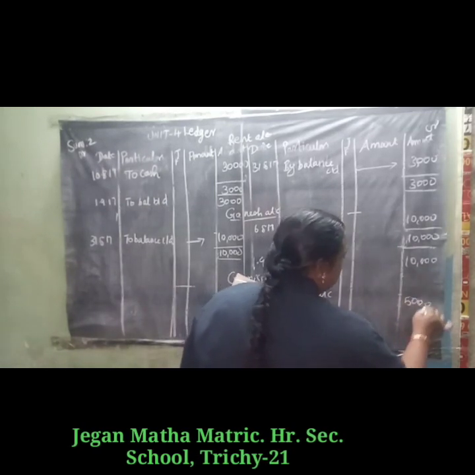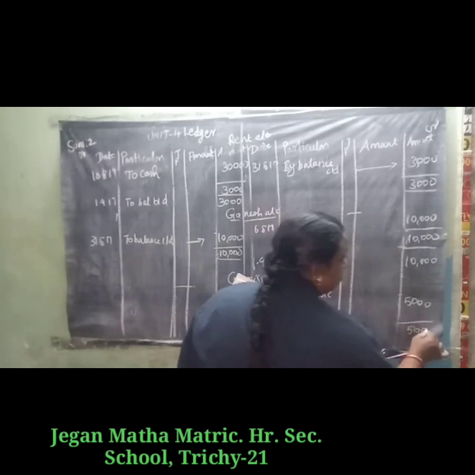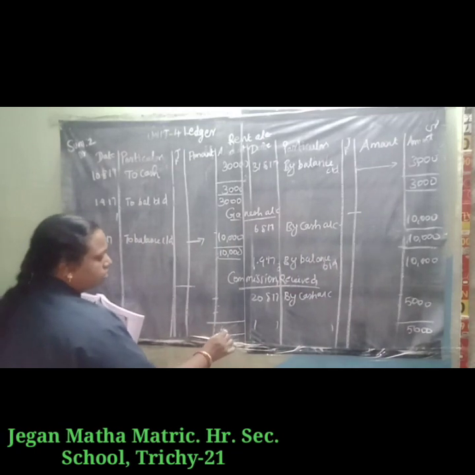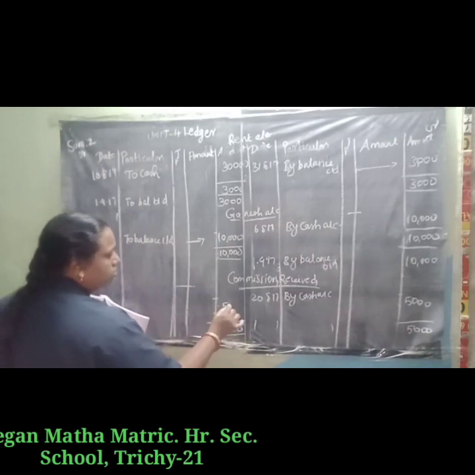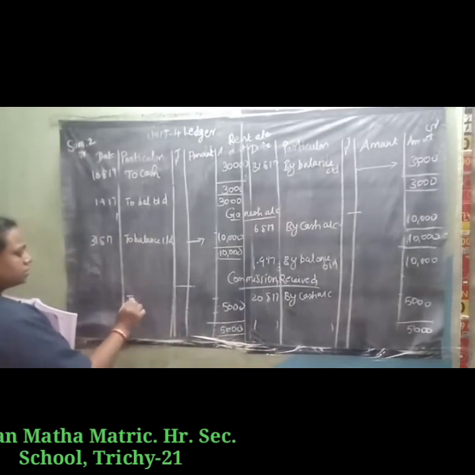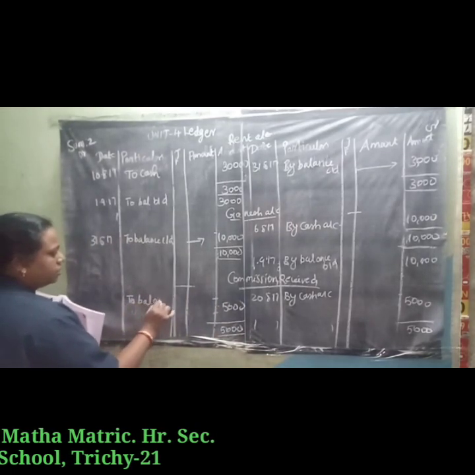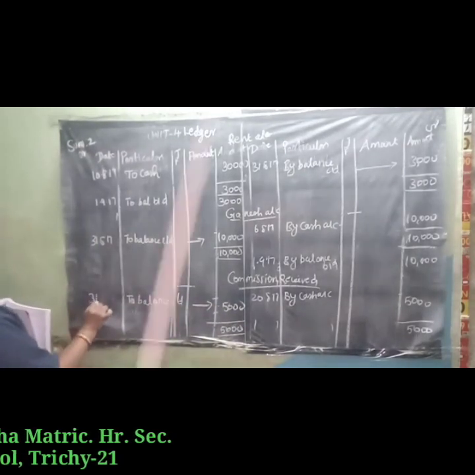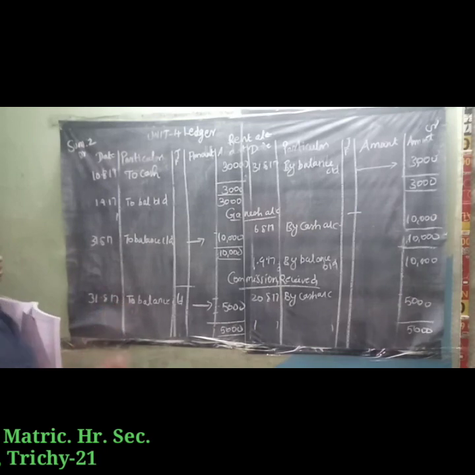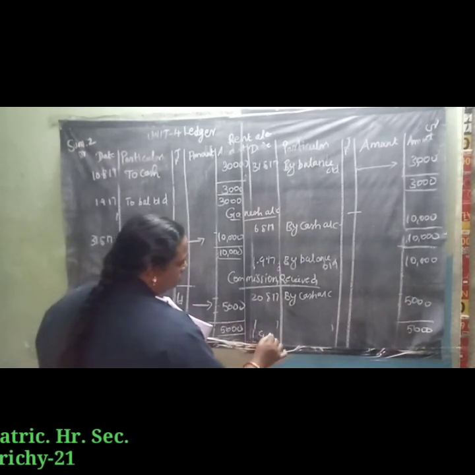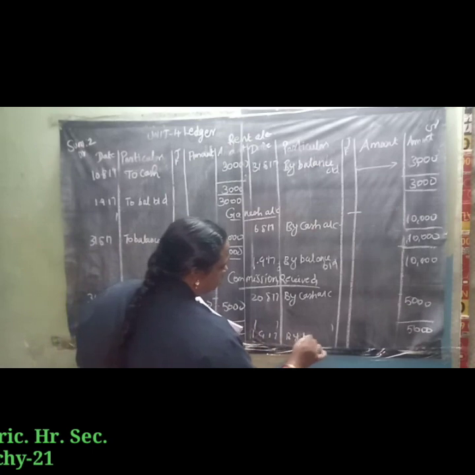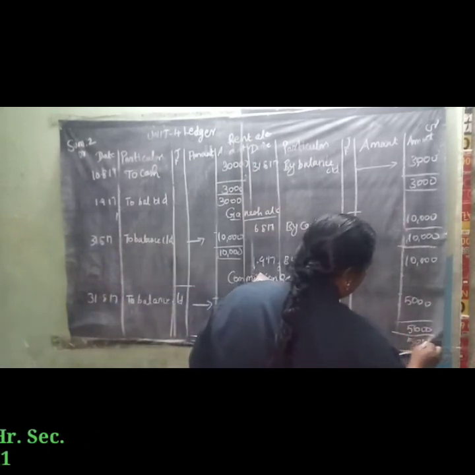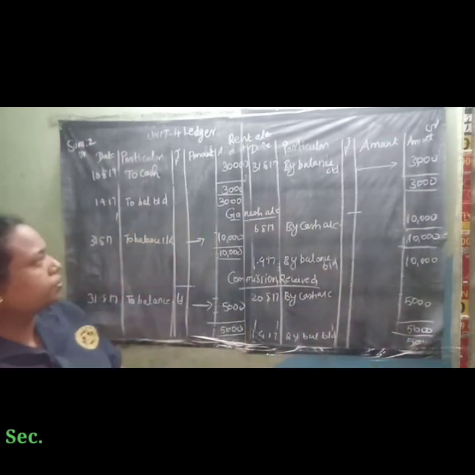Total 5,000. Bring it to the debit side 5,000, to balance carry down, 31/8/2017. Then 1/9/2017, by balance brought down 5,000. So we have prepared the ledger accounts.